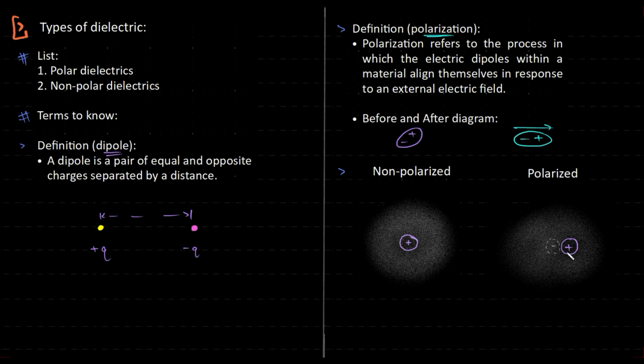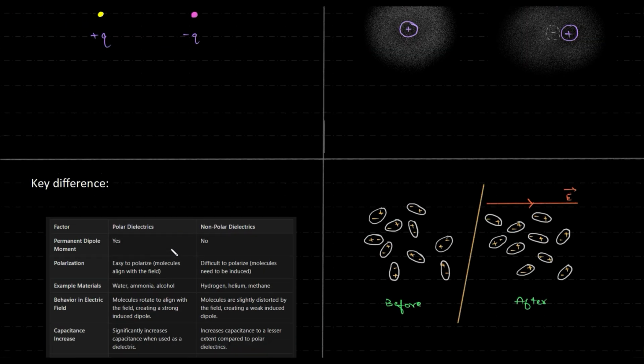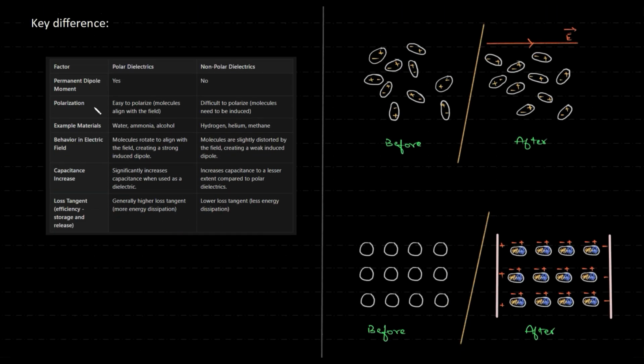While over here, even though the net charge is zero, we can distinguish the negative and positive charge in some sense within the given space, something like a dipole. So knowing this, now we'll be able to talk about polar dielectric and non-polar dielectric.